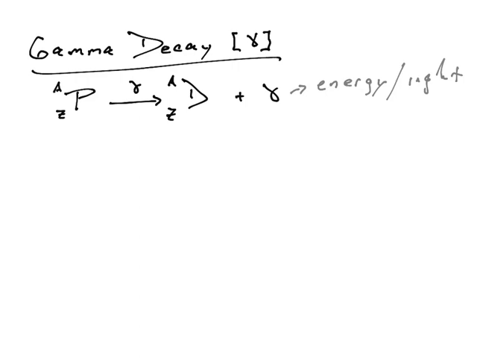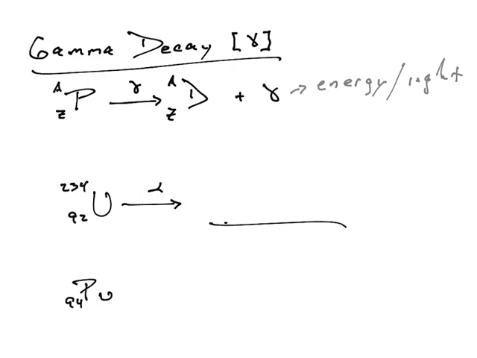What should you be able to do? You should be able to be given a problem like, let's say, I give you uranium 92, and let's say 234, and I tell you this goes by alpha decay. I want to know, what do you get? Or maybe I say you have plutonium 94, and let's give it 236.